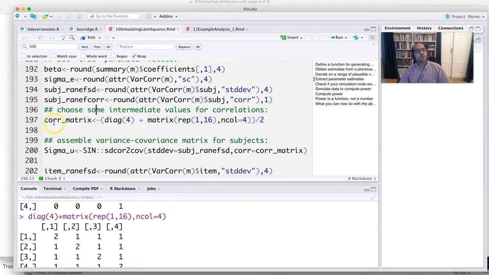I want a correlation matrix which always has 1's in the diagonals, and then I'm just putting some intermediate values for the correlations everywhere, okay? So that's how I got past the problem that my variance covariance matrix was singular. This problem I have to circumvent in order to generate new data, right? I can't generate data with a singular matrix.